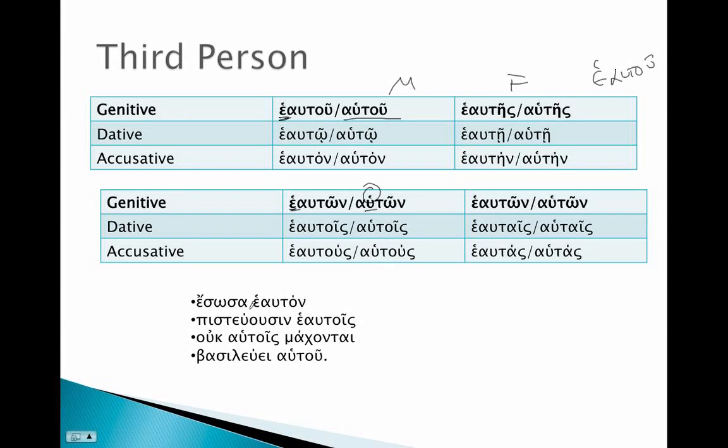And in use, ésōse heauton, he saved himself. Pisteúousin heautois, they trust themselves. Ouk hautois machontai, they don't fight themselves. Or basileúei hautou, rough breathing there, he is king of himself.